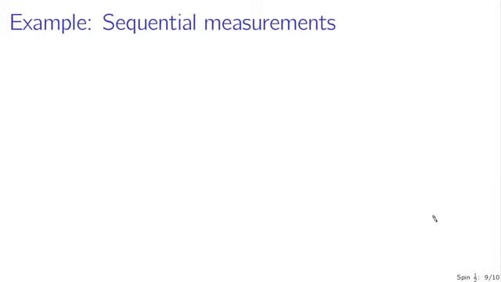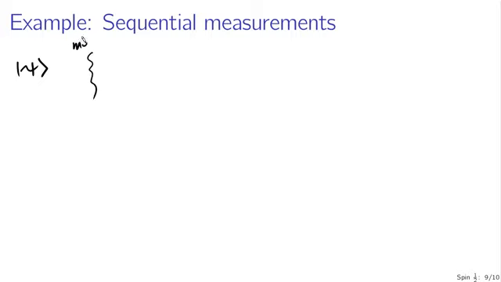For instance, sequential measurements is the sort of thing that we can explain and understand reasonably easily from the perspective of the mathematics in the spin 1/2 case. Suppose I have some wave function, some state, and I don't know anything about the spin angular momentum associated with this.